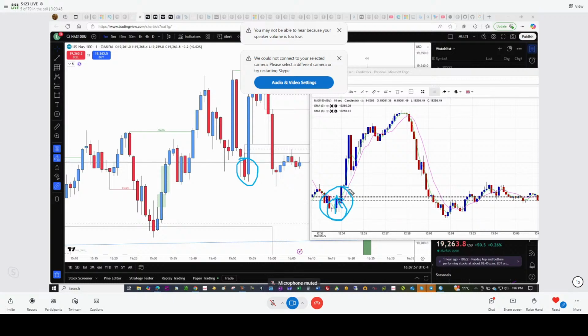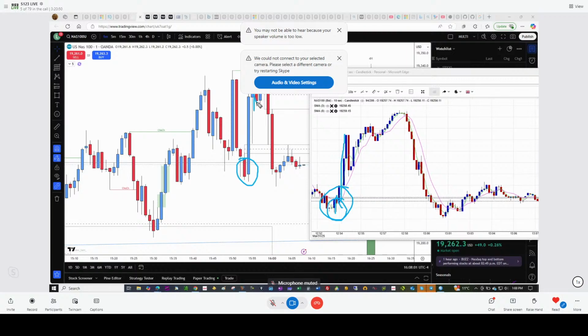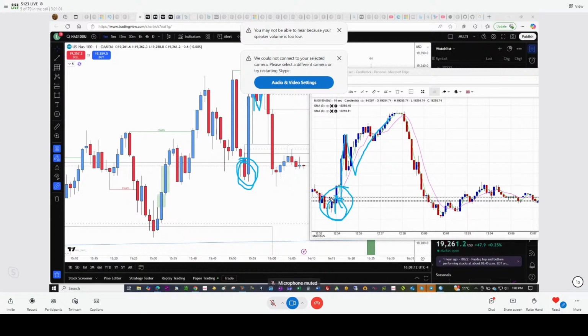I'm on 10 seconds. It takes off, goes up, does this little jig in here, and then goes up one more time. So it doesn't look like there is a 1, 2, 3, but there is. That's why I jump in on these fractals, because I know there's a 1, 2, 3 at that level.